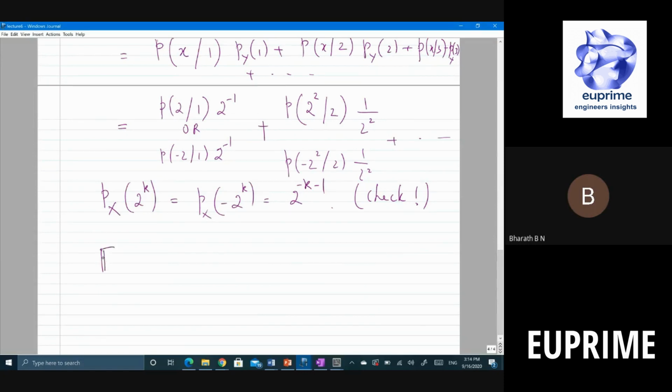So what do you think is the expected value of x? It's summed over all x. X can take what value? 2 power something, right? So k equal to 0, k equal to 1, it will be 1, 2, 4, 8 and so on. So what is the corresponding probability? It will be x times p x of x. So what will be the answer?